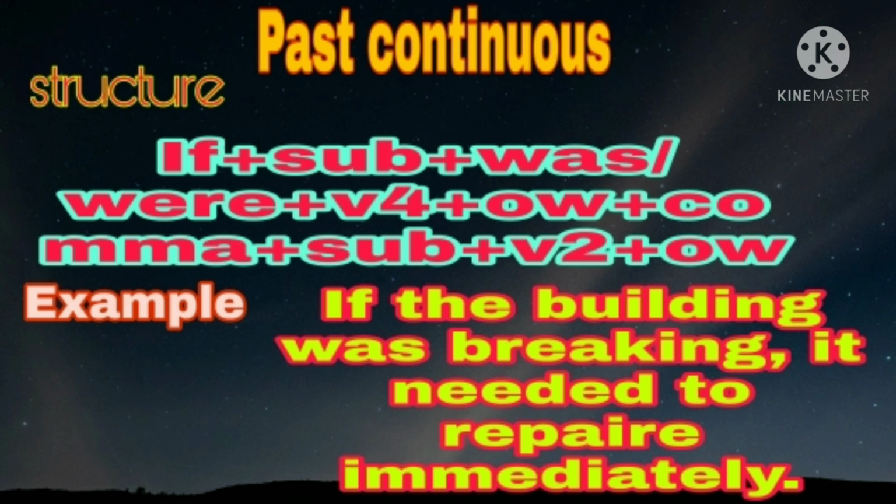Here the conjunction is if, the building is the subject, was is an auxiliary, and verb 4 is breaking. The main clause is "it needed," where it is the building and needed is verb 2, to repair immediately. So our answer is: if the building was breaking, it needed repair immediately.